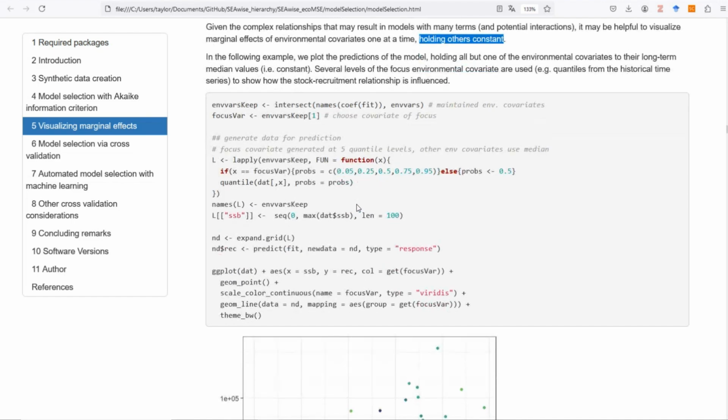So in the following example, I'm looking at which environmental variables were kept and just choosing one that's going to be my focus for the plot, and finding out what were the historical quantiles for that focus variable, from the 5% quantile to the 95 and a few in between. And for all of the other environmental covariates that are still in the model, I'm just looking at their median value and using that.